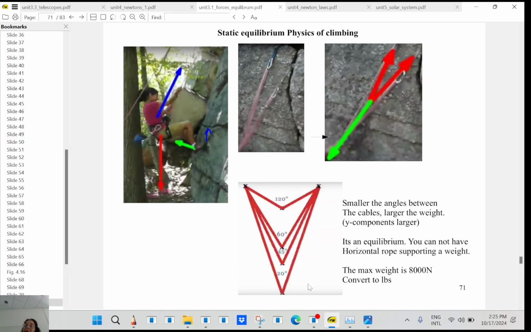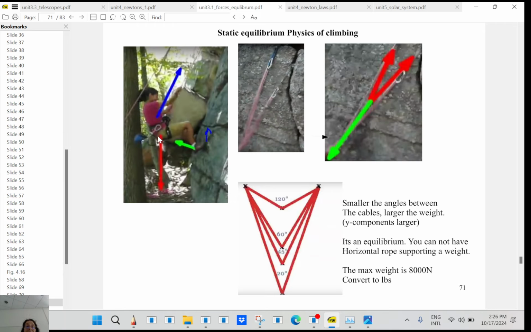Okay, so static equilibrium: you need to know which forces are involved. For example, in that case, you're going to have a pull, maybe two pulls if you have two strings, right? And then she's not moving. She is in static equilibrium. She's pushing the rock, so the rock is pushing back. That will be the normal force. Normal means perpendicular. The foot here is not sliding, so it means you have static friction, always along the surface.